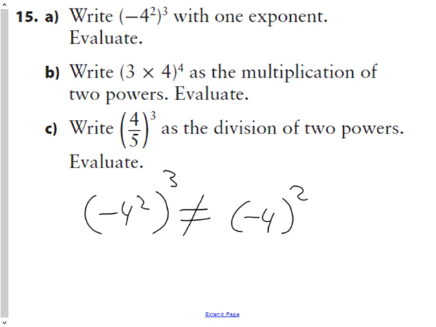When you have a 3 here, this says the opposite of 4 squared cubed. The opposite of 4 squared cubed. So when I write it out as one exponent, I must keep the negative 4 not as my base, but like this, which will be negative 4 to the exponent of 6.